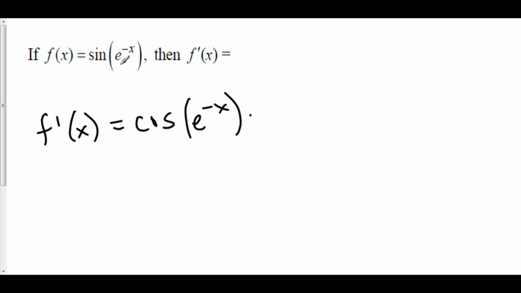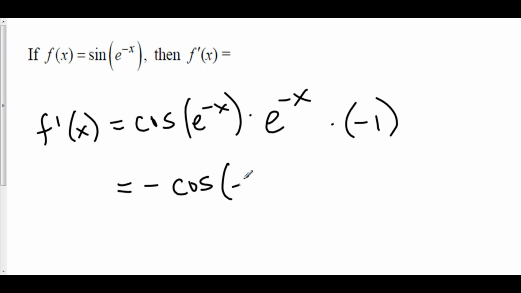And the derivative of e to the stuff is e to the stuff times the derivative of this stuff in here. The derivative of negative x is just negative 1. And so our derivative here is negative cosine of e to the negative x times e to the negative x.